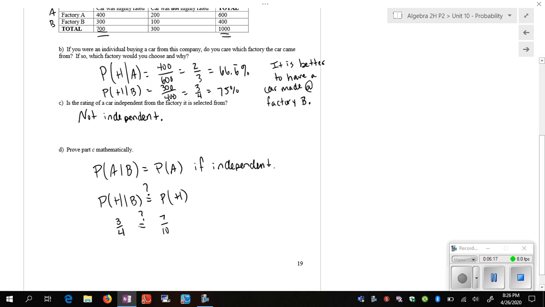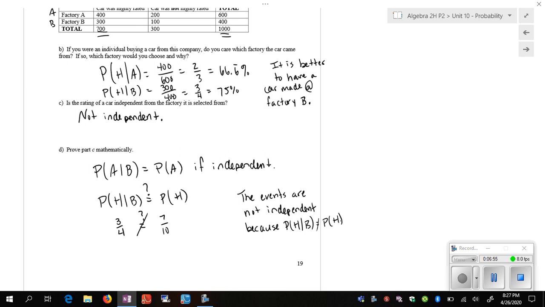So since these are clearly not equal, we can say that the events are not independent because the probability of H given B does not equal the probability of H. Now I designated what H and B were, which helped prove this.